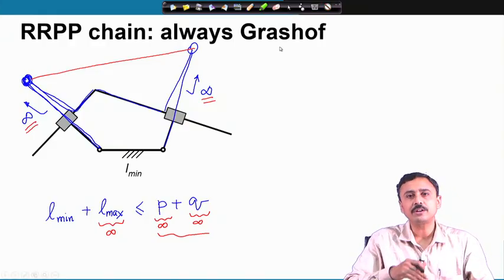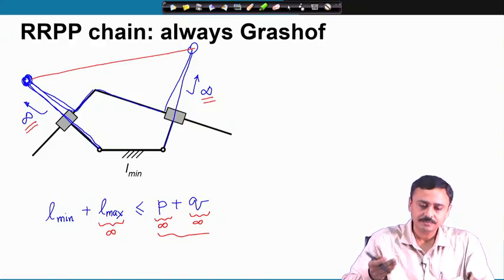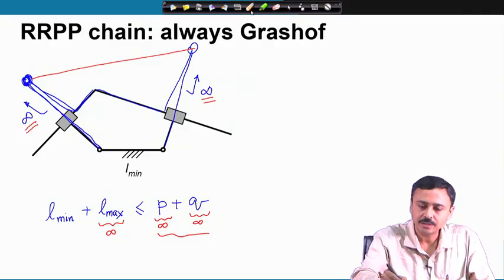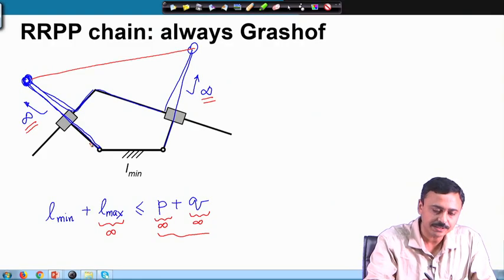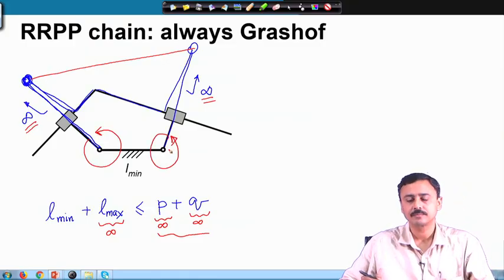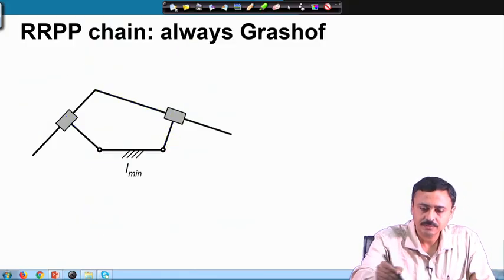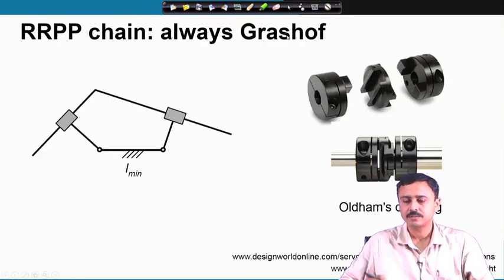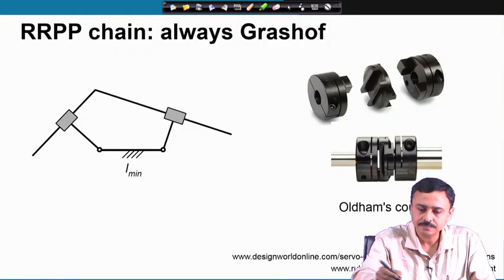and since L min can rotate completely, the links that are connected to L min now can rotate completely. An application, we have seen this before, is the Oldham coupling.